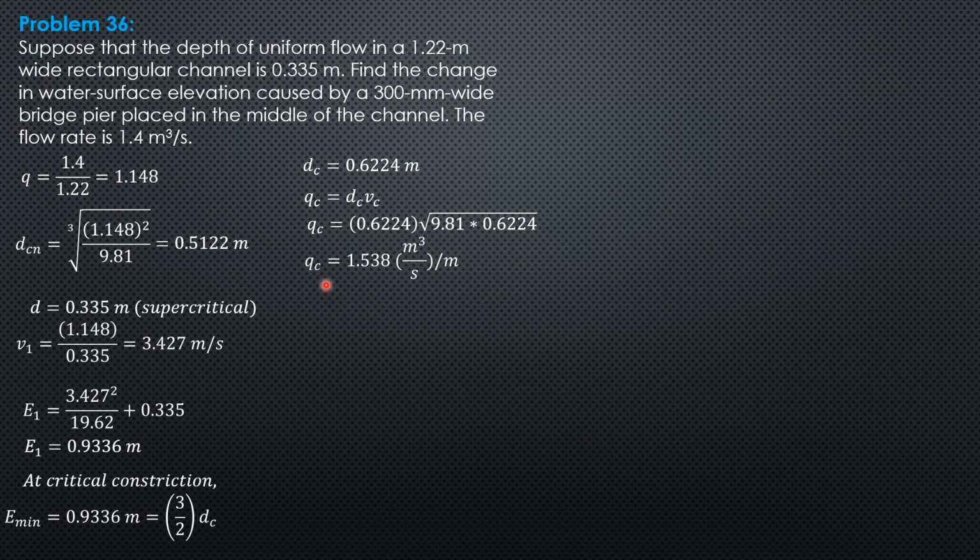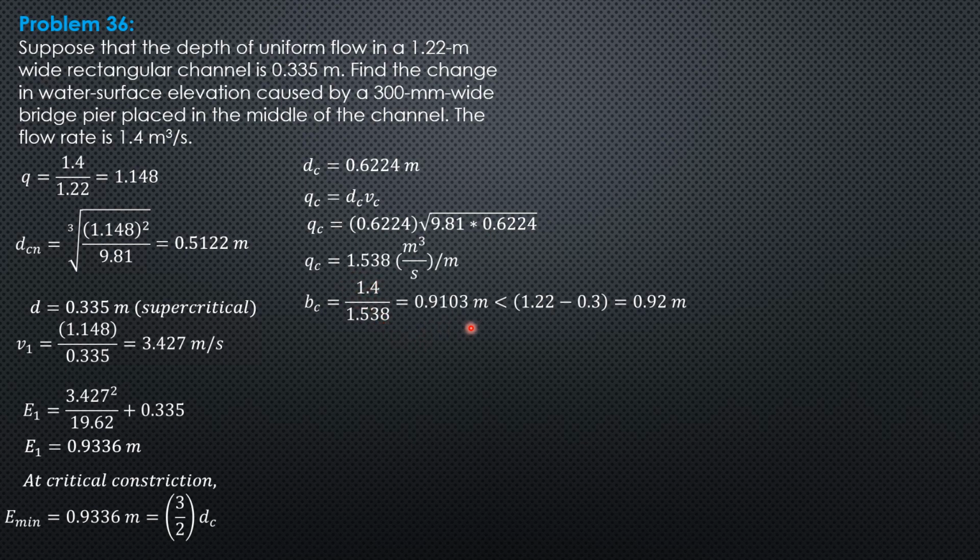Then this is equal to critical width times q sub c, which is equal to 1.4 by continuity. So critical width times q sub c is supposedly capital Q, and it is equated to the original capital Q by continuity.